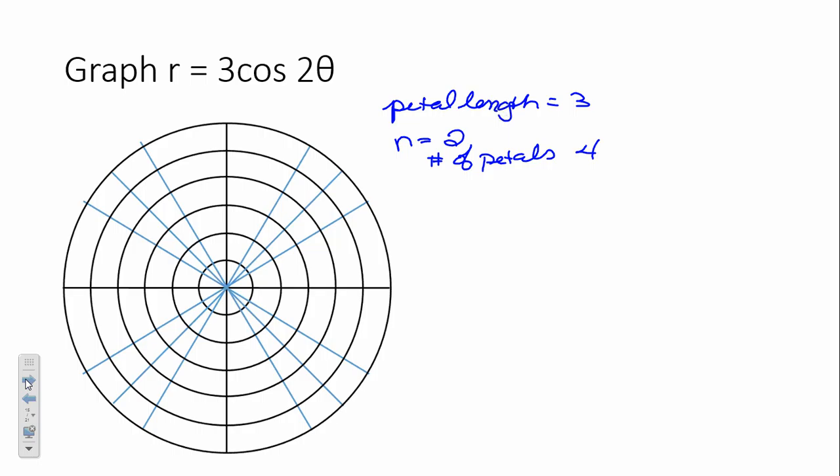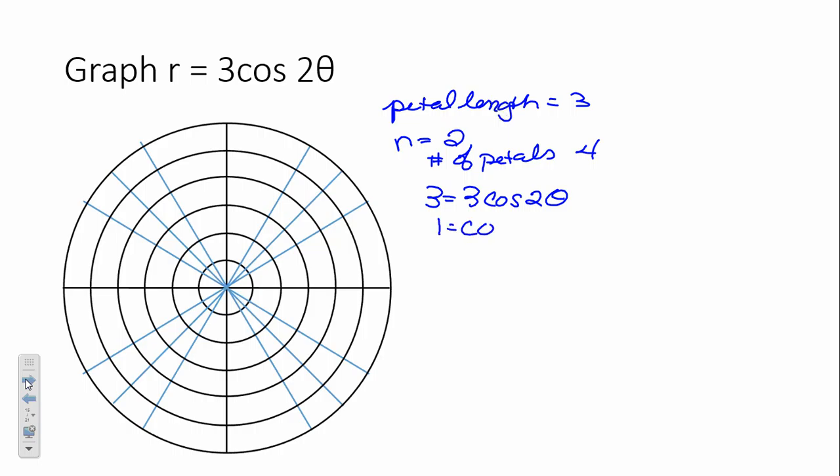Now, to find out where we start, we take r and we replace it with a. So since a is 3, we'll have 3 equals 3 times the cosine of 2 theta. And we're going to solve for theta. 3 over 3 is always 1.